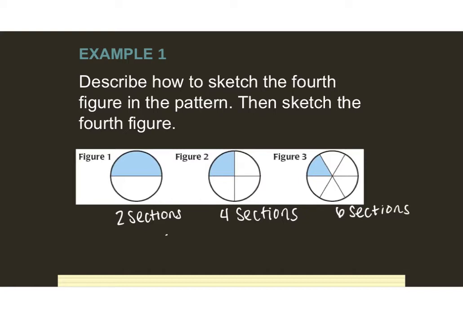So now we're trying to figure out figure 4. Well, it looks like they're taking the figure number and multiplying it by 2, or they're increasing by 2 each time. So it should have 8 sections, because we found our pattern. Let's go ahead and draw a circle. That was really bad, but let me see.